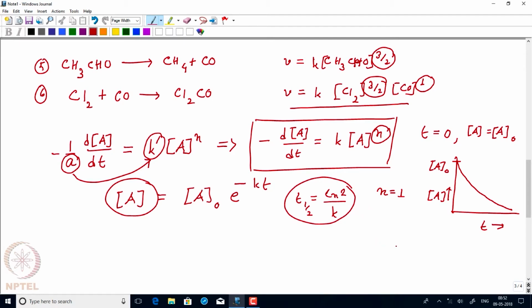Now if you ask what happens for n not equal to 1, then the rate law looks like this. So we'll have A raised to the power minus n plus 1.